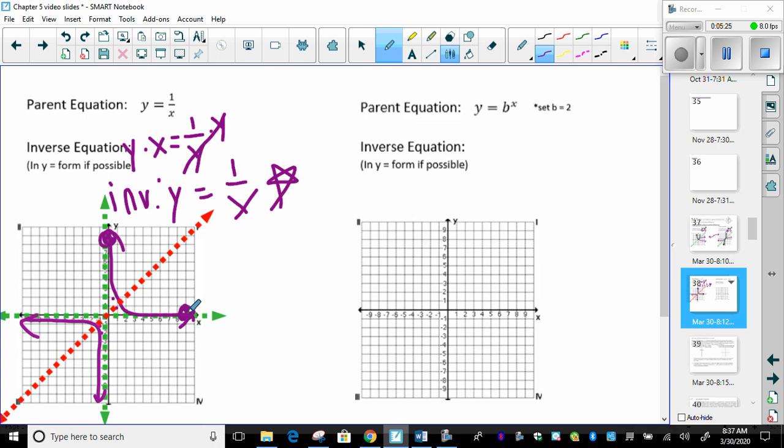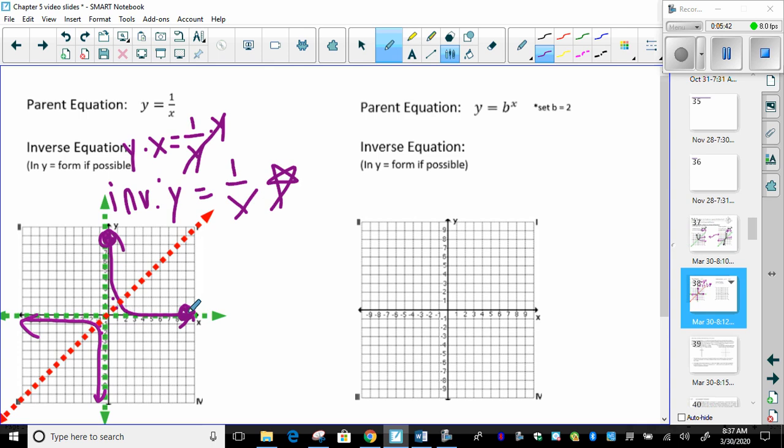It's on itself. So since my original function has symmetry about the line y equals x, my inverse is the same. So just kind of a neat feature. Nothing super spectacular about it and what we're going to continue to work on. It is just something that is good to be able to see.